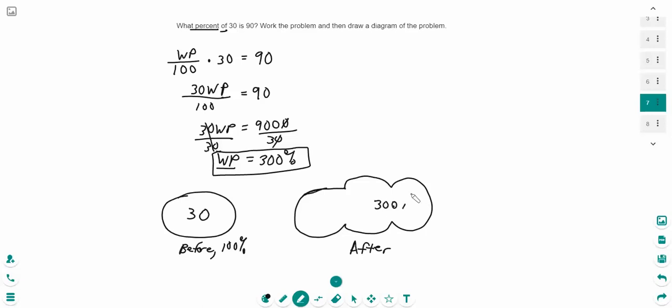And the 300% was what? Well, they told us that the what percent, which we know is 300, 300% of 30 is 90. So it is 90. All right, so there is our solution as well as our bubble. All right, very good.